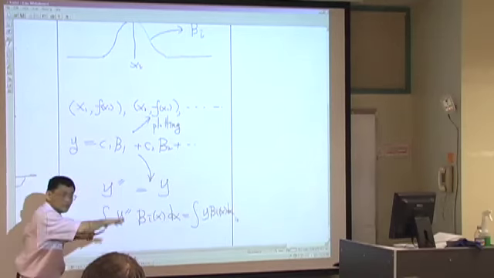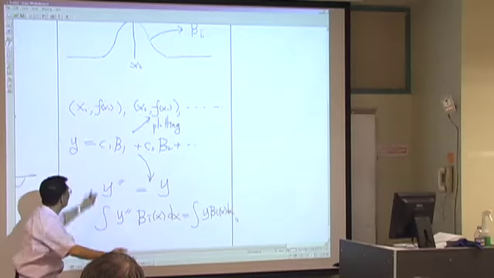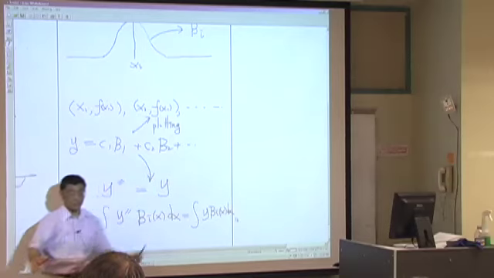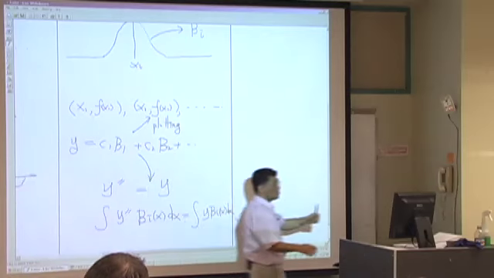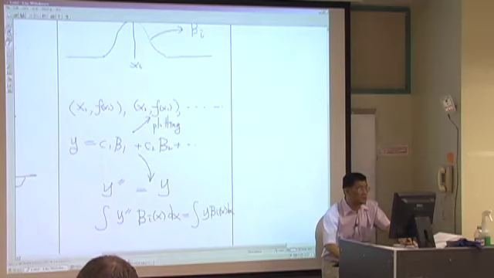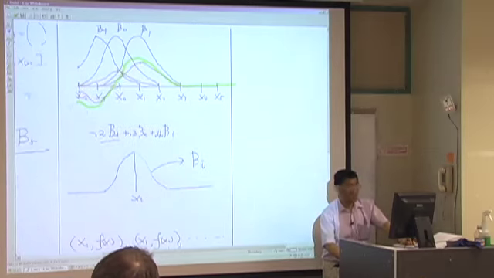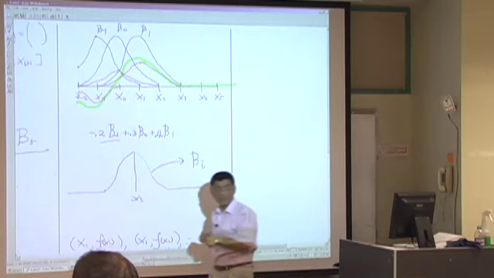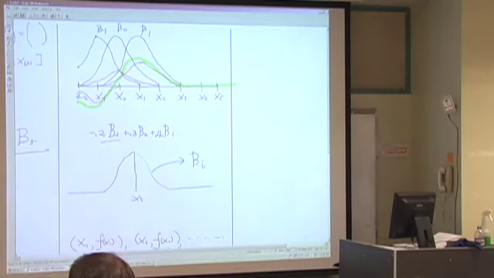Then solve this weak form to generate many equations, and then solve this system for C1, C2, and so on. Once you determine C1 and C2 and so on, you find the solution to the differential equation, and you can even sketch the solution like this. So this is our major goal in this consideration of interpolation.